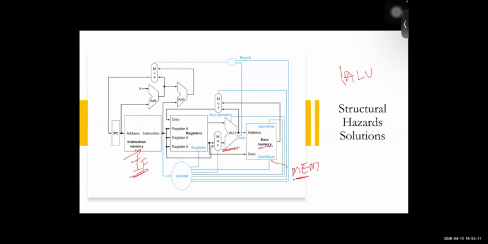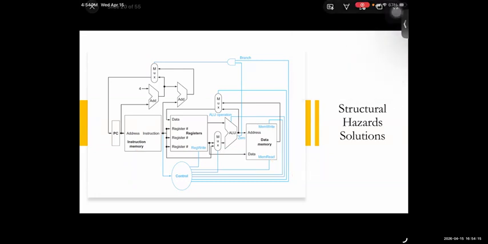The first solution is separating the memory. Based on Moore's law, if you have more transistors, you can build more functional units, separating one memory unit into an instruction memory unit and another data memory unit. So this is one of the solutions.